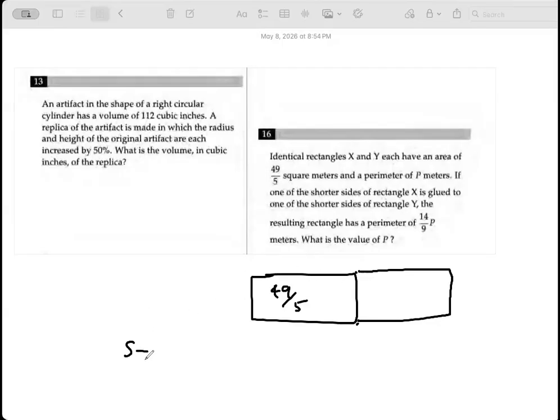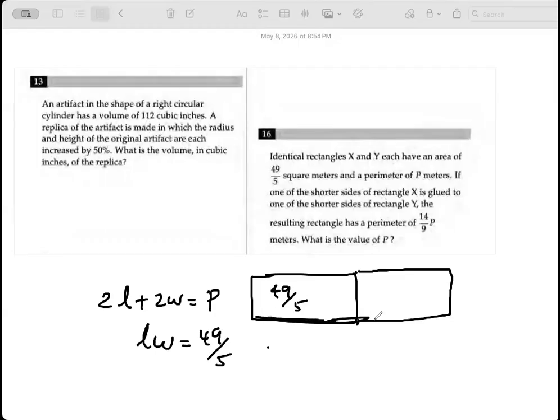So short plus long will be 49. Oh, this is area. Okay, wait. The perimeter is 2L plus 2W, which will be equal to P. Now the area L times W will be equal to 49 by 5. Glued to the shorter sides, the resulting rectangle has a perimeter. Oh, wow.